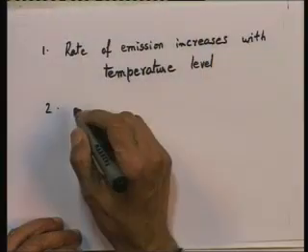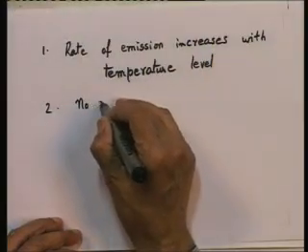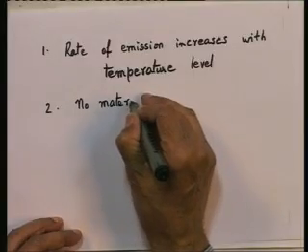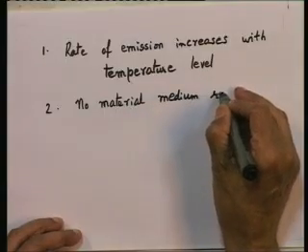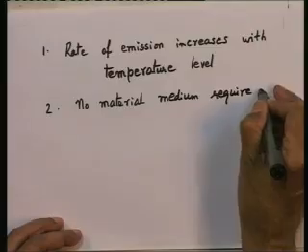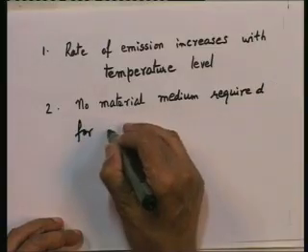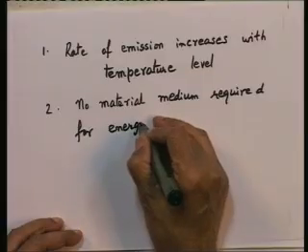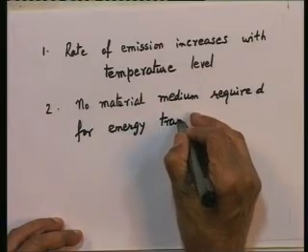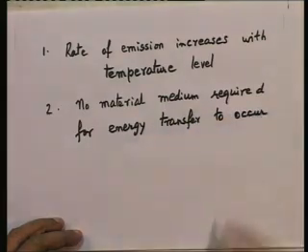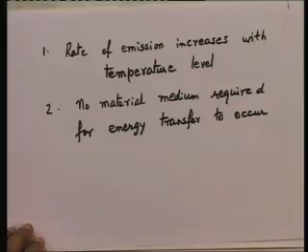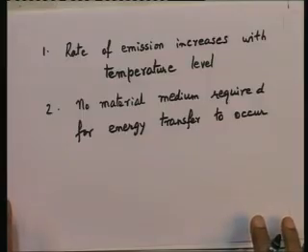So, no material medium required for energy transfer to occur. These are two characteristics to note. Thermal radiation in the form of electromagnetic waves does not require any material medium for its transfer.